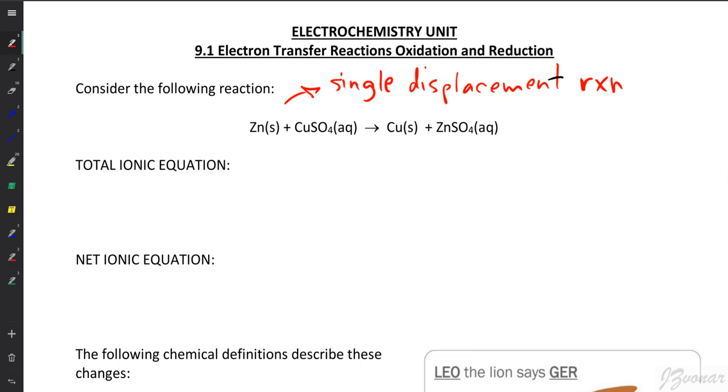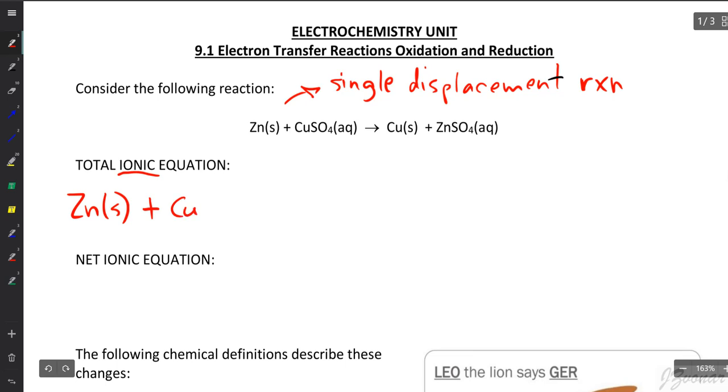RXN is my short form for reaction. What we can do is write what we call the total ionic equation. If you recall from grade 11, anything that is in a solid, liquid, or gas state, we leave it as it is. It stays intact. However, anything that is aqueous and is ionic in nature is dissociated into its respective ions.